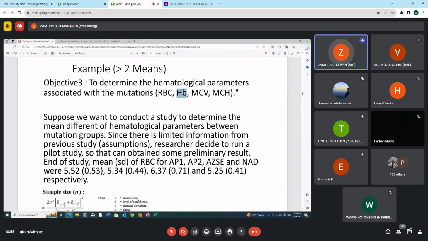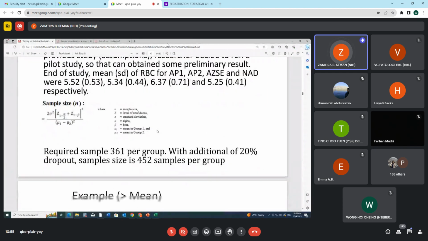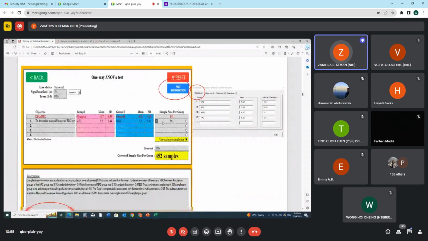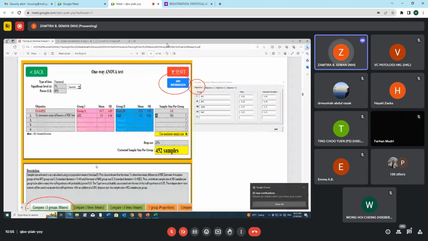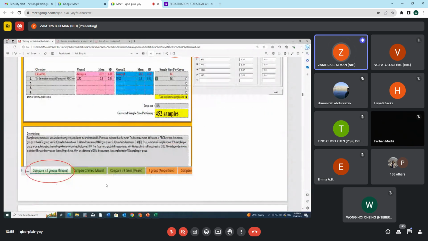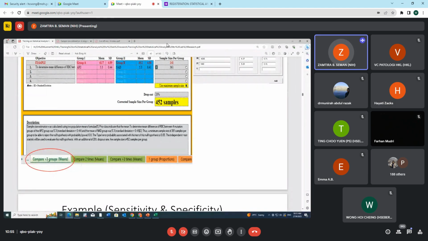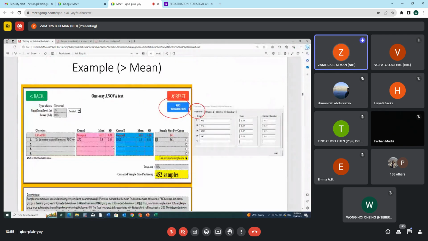We need to calculate for RBC, for hemoglobin, for MCV and MCH separately. But this time I just use RBC. You yourself can apply this after all, if you want to use it. Now for M1, I choose compare more than 3 group means. The good thing about M1, as I showed all the doctors, is that it has complement, proportion, independent, dependent. Then from this calculator, I need to add information, because logically they provide only two, the highest one.